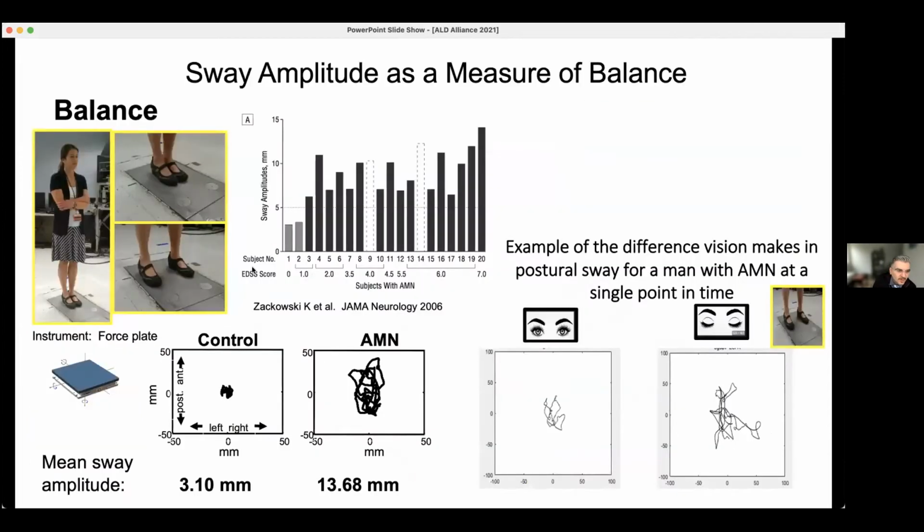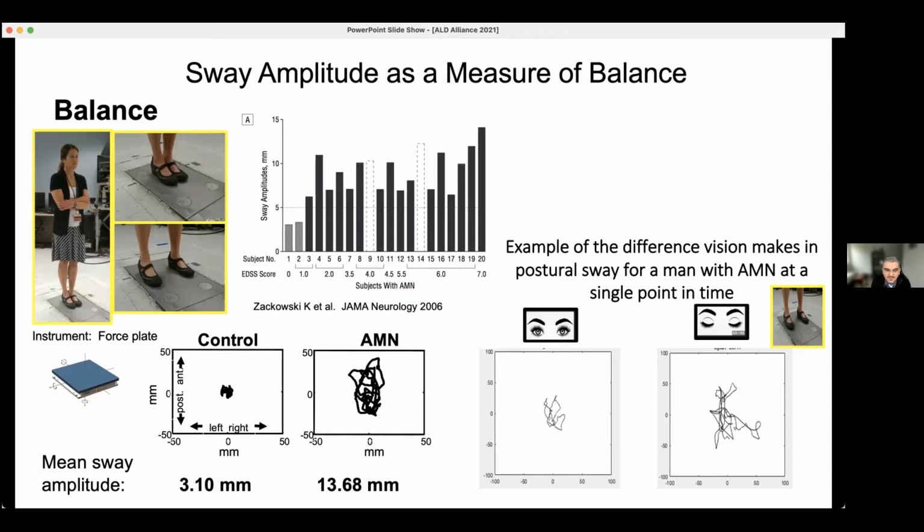And so one of the tests that in the early 2000s seemed to be very helpful in AMN was a test that would assess how much we sway when we stand. It's called a sway amplitude or a sway test. Basically, the dorsal column in AMN is the pathway that carries information to the brain about where we stand.